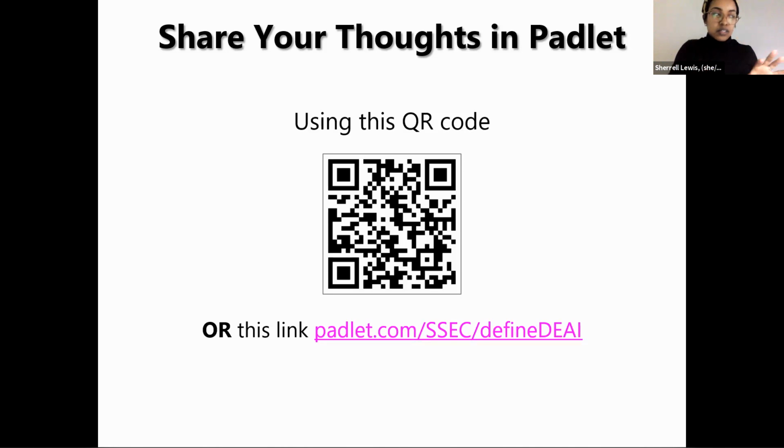So click, if you will, on the image that you see there when you get to Padlet, and you can enlarge it and really think about how what you see defines those terms, and then put that in your own words on the Padlet.